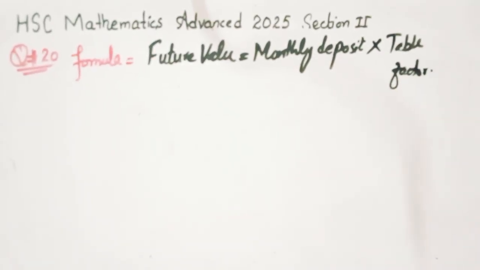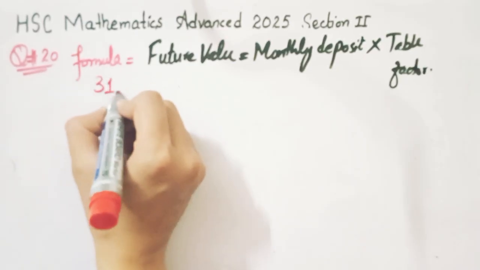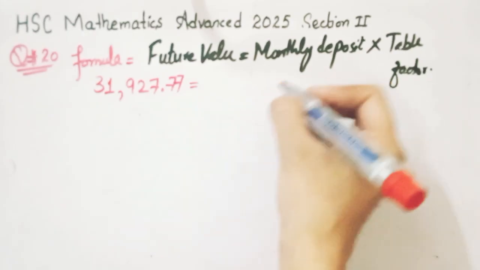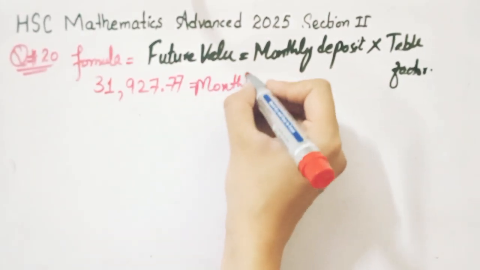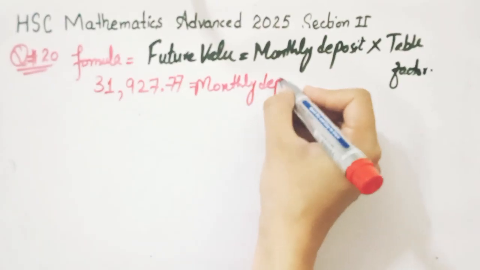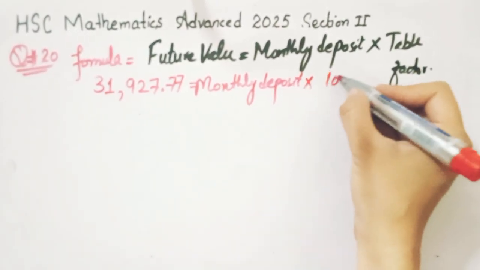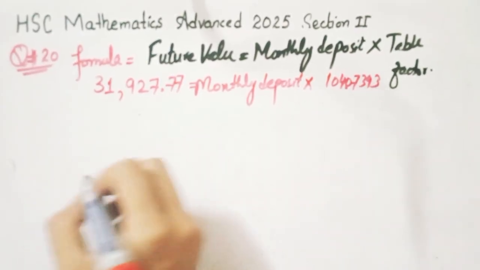So your equation will become, rewriting the future value, 31,927.77 equals monthly deposit times 104.07393.